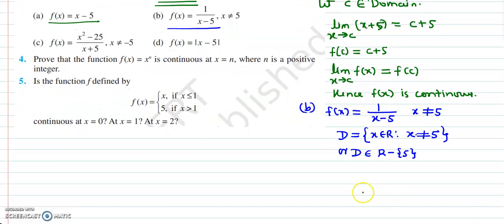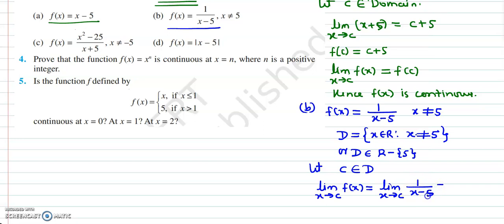Okay, so what we will do, first of all we will let c belongs to the domain of the given function. So limit at x approaching c of fx, and fx is here, limit x approaching c, fx is 1 over x minus 5.